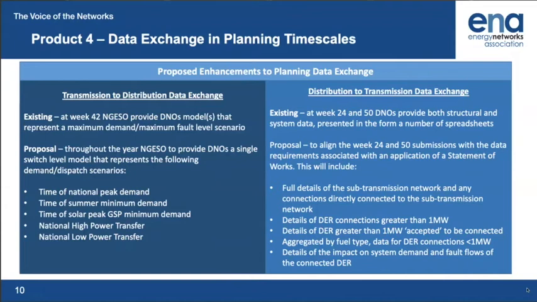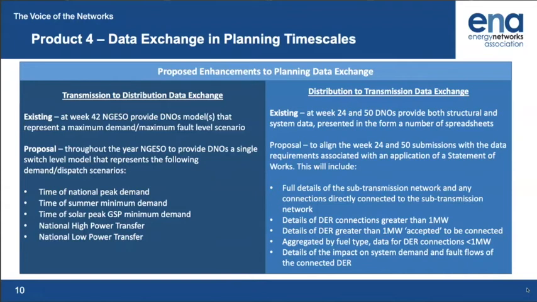So I think we're heading towards National Grid providing DNOs data throughout the year, and that would come as a single switch level model that represents the following scenarios of demand and generation dispatch.